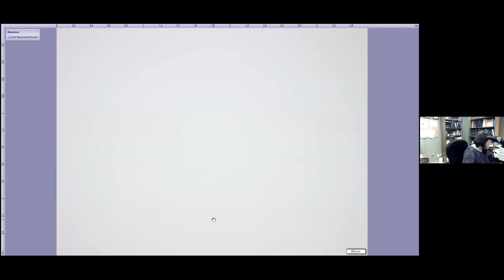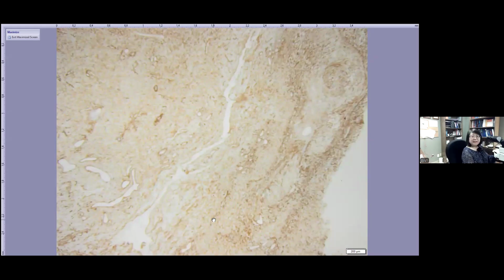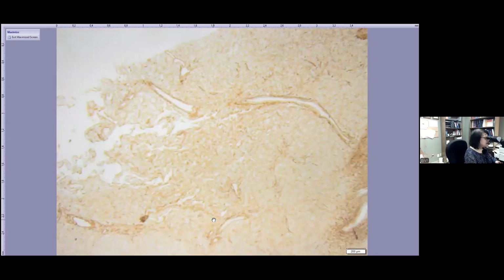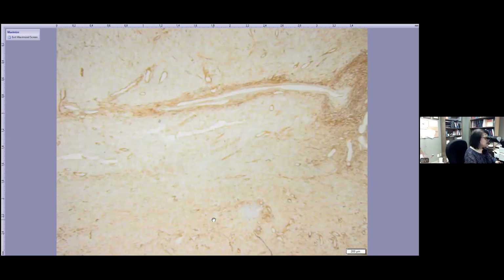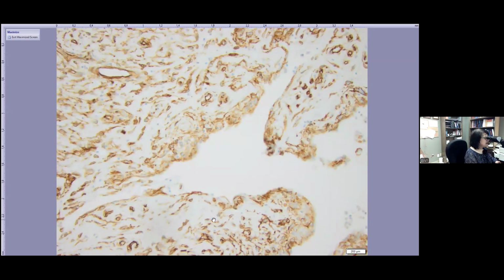So this is why I did a CD34. I want to show you. Strongly positive. Not only are the spindle cells positive, I also like to show you the pseudocystic lining.